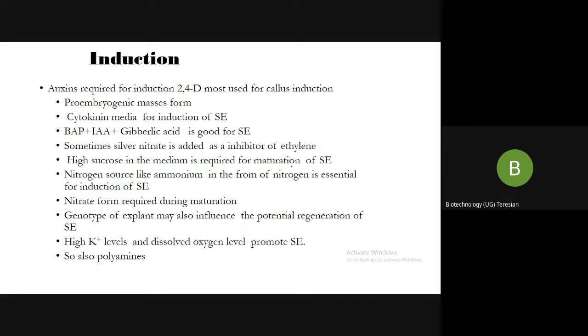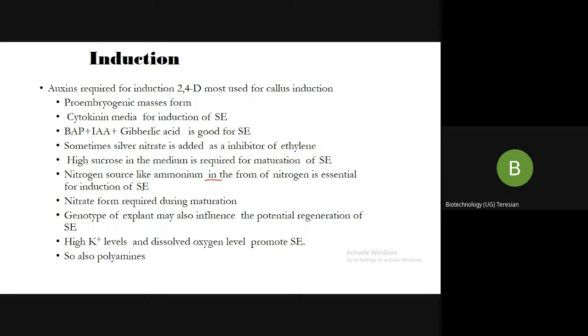So nitrogen, how are you going to add this nitrogen to your medium? You can add it in the form of ammonium. Nitrogen sources like ammonia can be added for the induction of somatic embryogenesis. So you can add ammonium nitrate or ammonium phosphate.